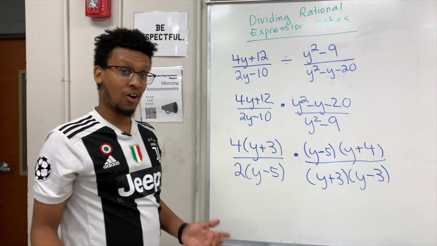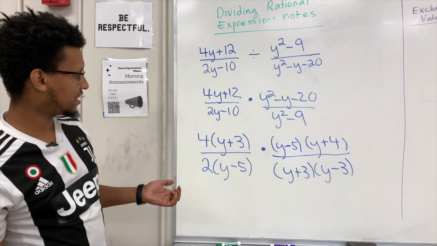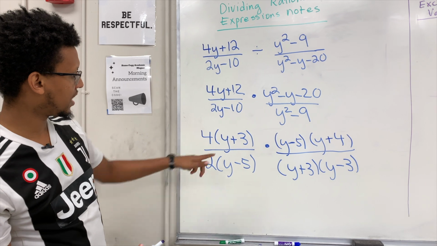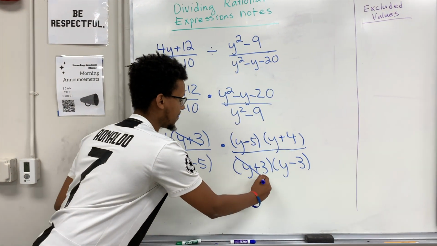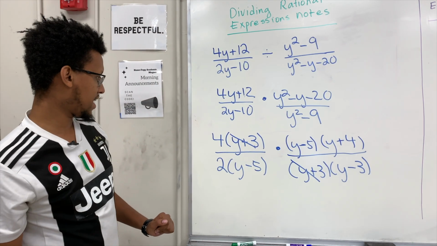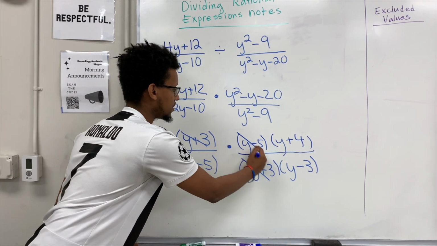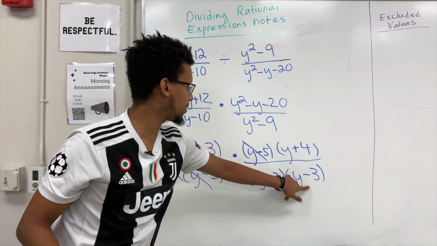All right, so all the factoring is done, and now we try to find things that we want to divide. We don't have a lot here. We have y plus 3 and y plus 3, so we're able to divide that. And we have y minus 5 and y minus 5. And both of these are just going to stay the way they are.